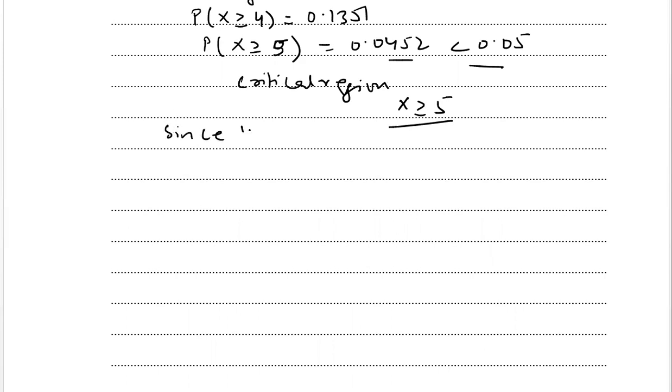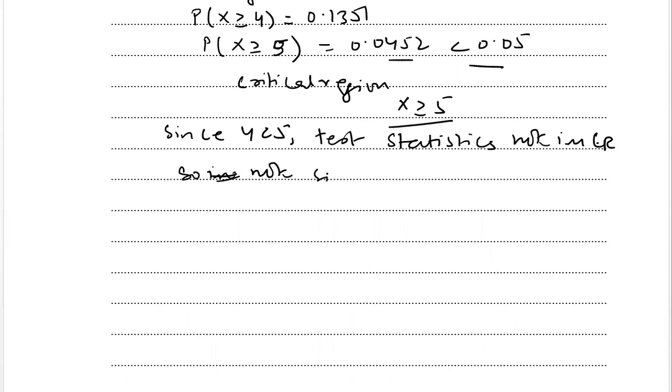So since 4 is less than 5, test statistic not in CR. So not significant evidence to reject H naught.